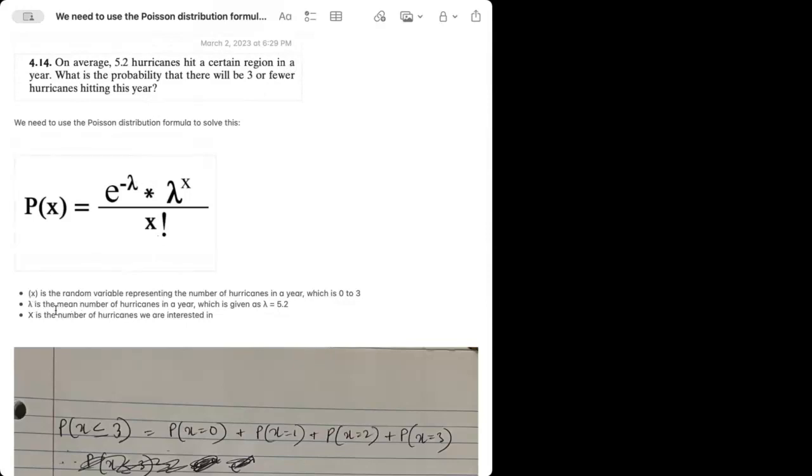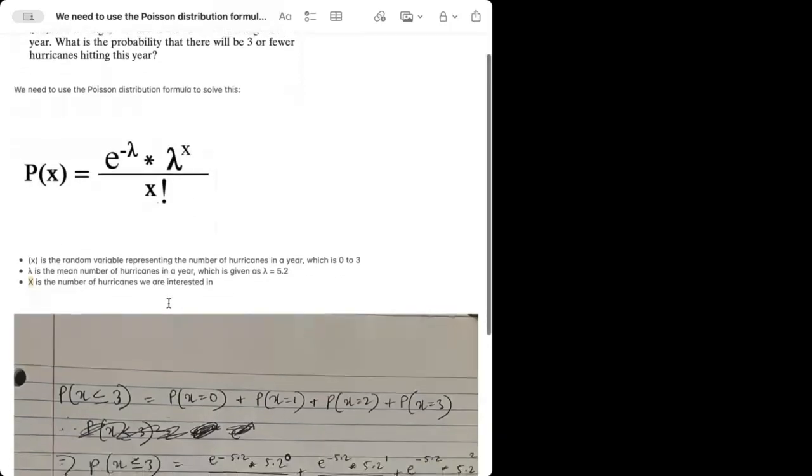Lambda is the mean number, which is already given to us by on average. Average means mean, 5.2 hurricanes hit a certain region. And the big X is the number of hurricanes we're interested in that is going to hit this year.